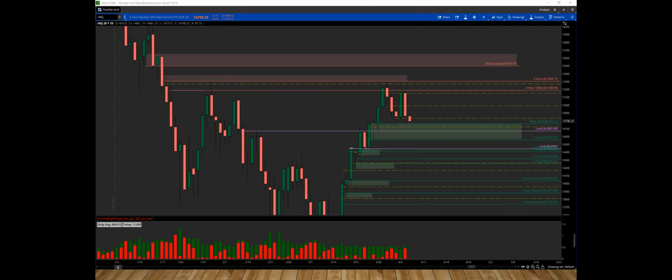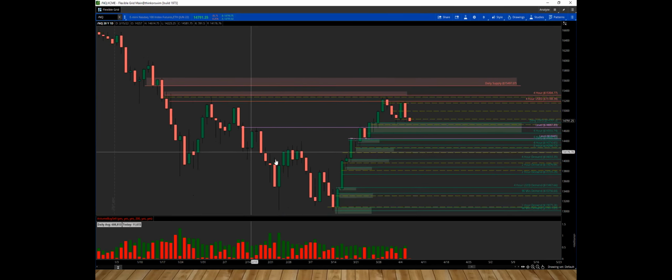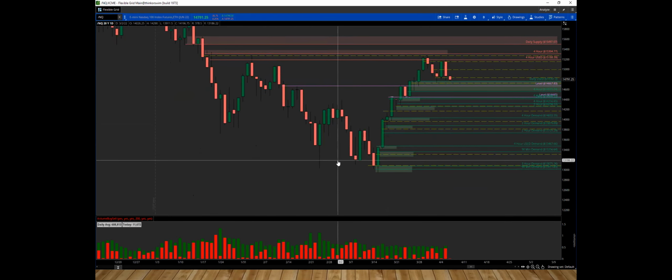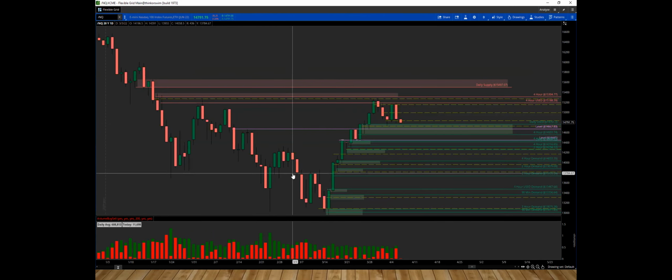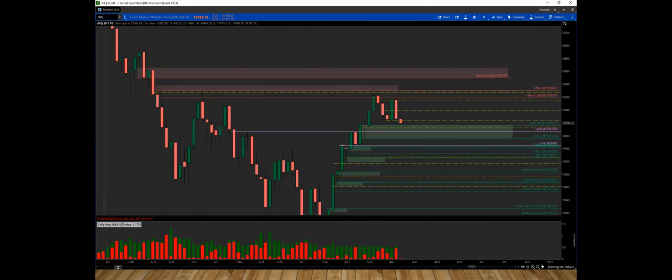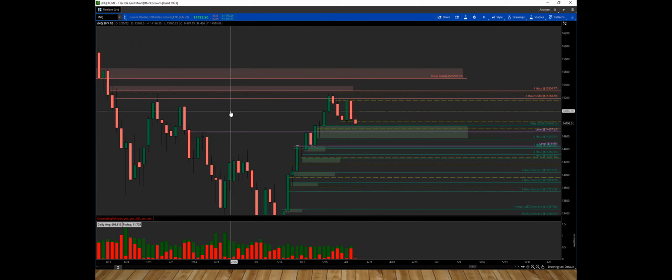Also, in conditions like the past weeks when the VIX was at 30 and volatility was super crazy, you don't always want to target the next supply zone when buying on a demand zone. There are a bunch of ways to set your targets, and I'll go over that later in the lesson, but it all depends on the current market context.